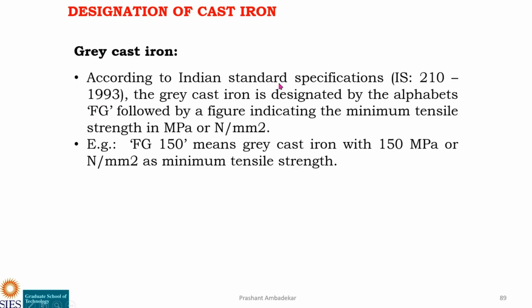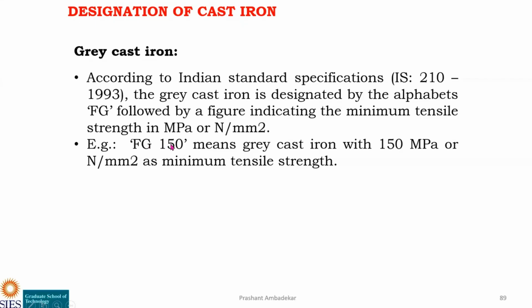This is the Indian standard specification. According to IS 210 1993, the gray cast iron is designated as FG. F is iron, that is cast iron, and G stands for gray, and it is indicated by the minimum tensile strength, that is ultimate tensile strength, that is 150.